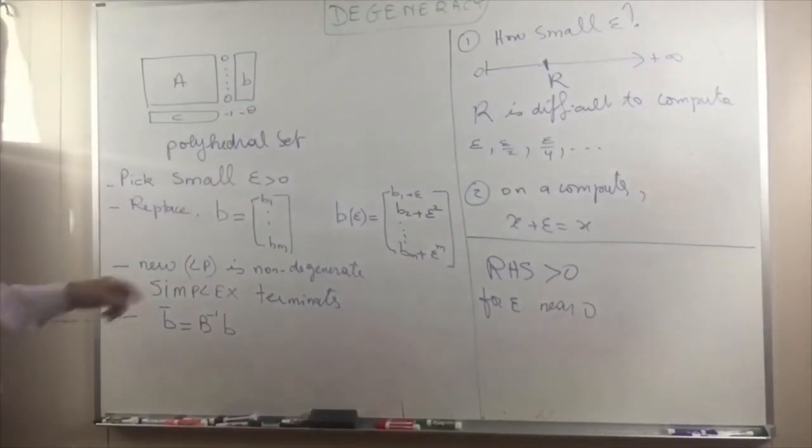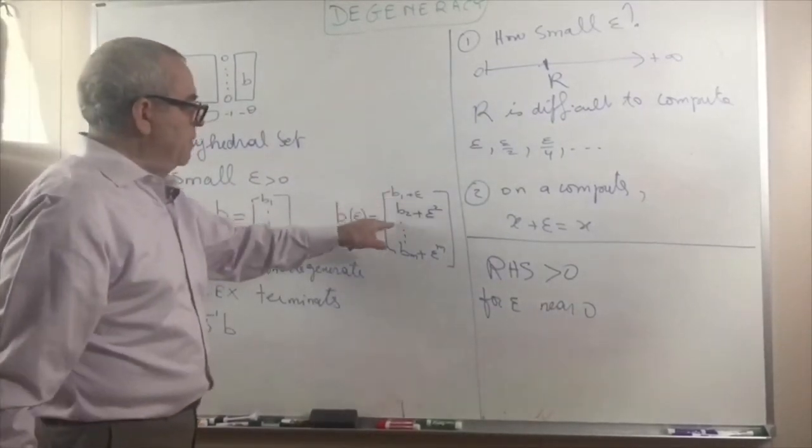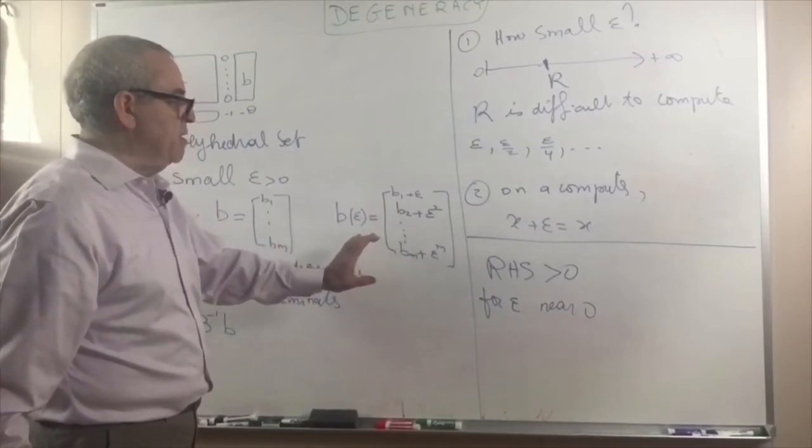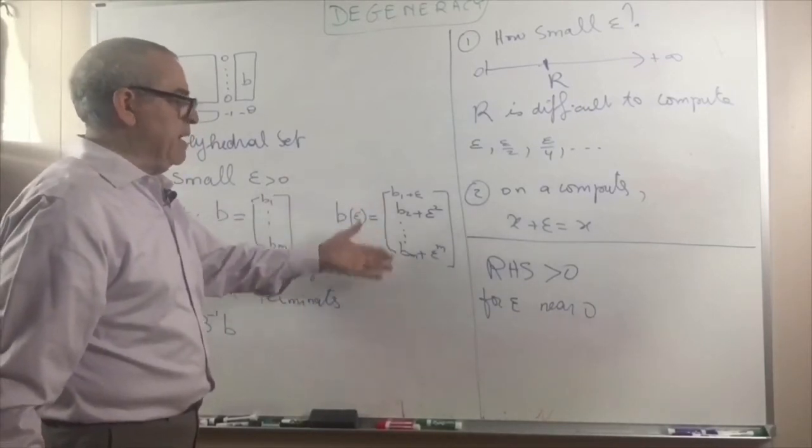If we can ensure that these terms are positive near epsilon equal to 0, then we could go to the limit and make epsilon equal to 0.